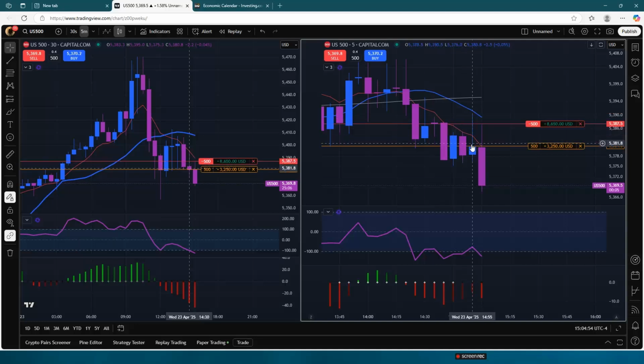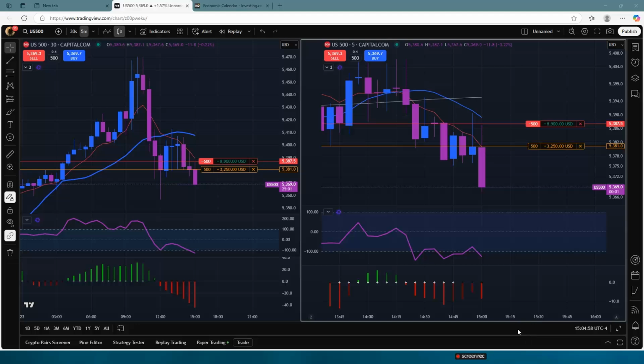So yes, we could take off half. Let's say, for example, that the price had returned back up in this area right here. Then if it broke past the red line, we could take off half, and we'll see what happens if it hits the blue line, which is the 20 period moving average.